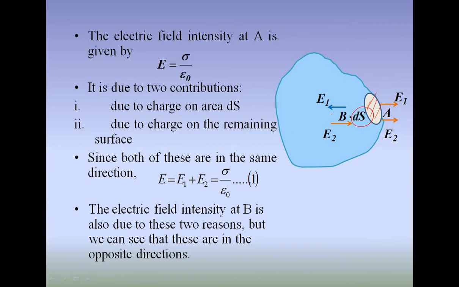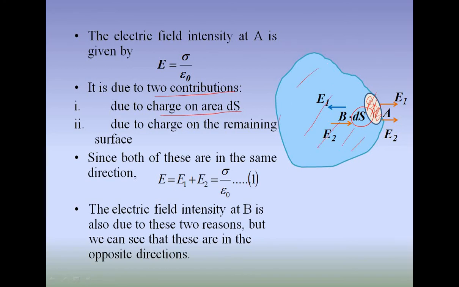Okay, and this electric field we get from two contributions. How two contributions? First is the contribution due to the charge on the small area ds which we have taken, and second is due to the charge on the remaining surface.